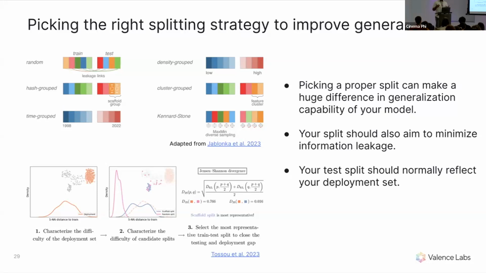And there have been some proposals, like doing a scaffold split, which is a bit harder, where you have some set of scaffolds that are not in your training set. If your model is able to make good predictions on this test set, that means it's able to generalize a bit better to a slightly different chemical space. If you have time information on your data set, you can also do a time-based split, which matches a bit more how we do drug discovery, because we progress compounds through time.